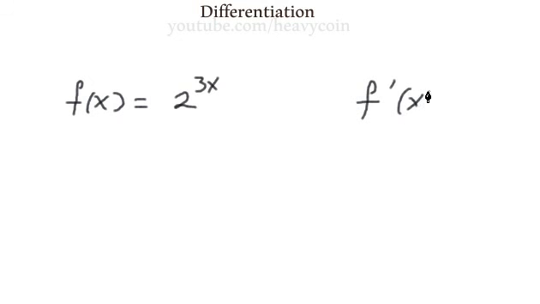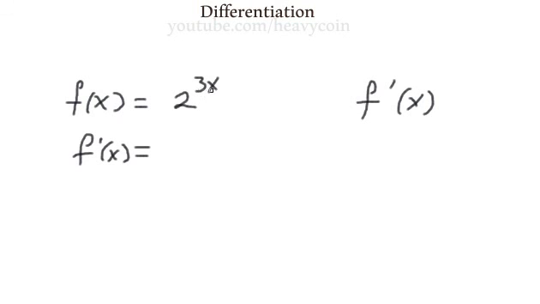let's look at a problem like this. If I have f of x is equal to, let's say 2 raised to the 3x, and we want to find f prime of x. So we want to find the derivative. Well, we do it just like we did earlier with our base of e, except we just do one more thing.